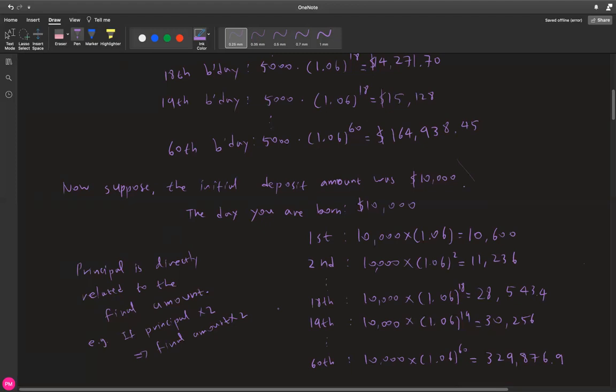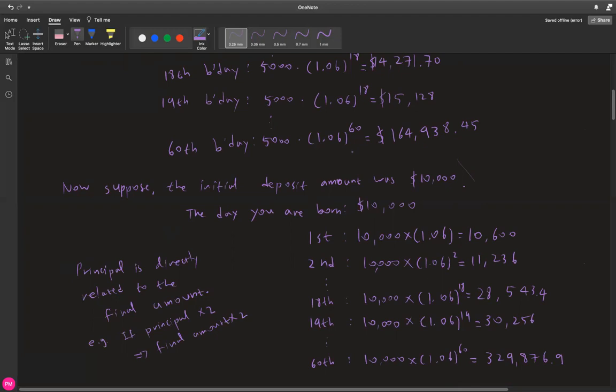So what about other factors? We can clearly see that the longer you invest for, so the longer the interest accumulates, it's going to yield a lot more at the end. That's pretty intuitive. What about the APR? So in these examples, we only use a 6% APR that was initially given in the problem.